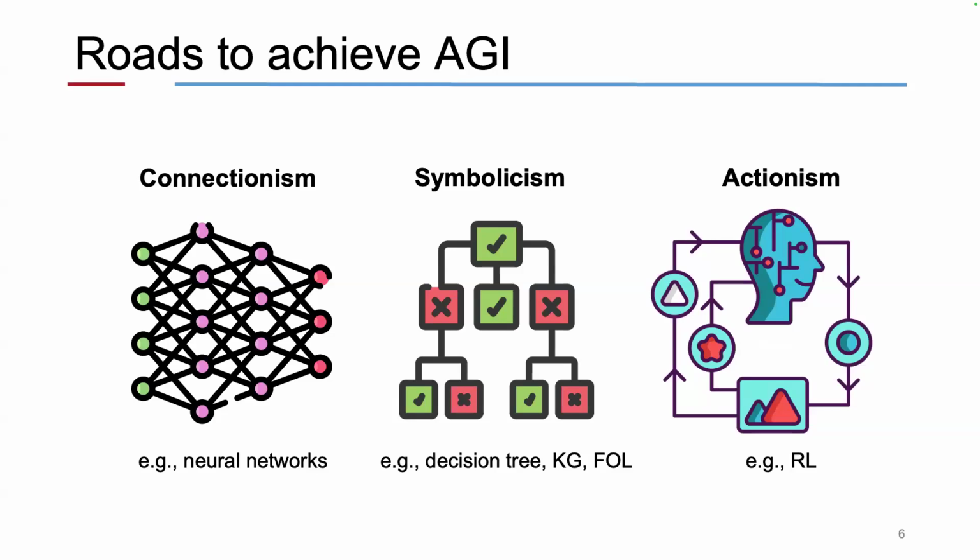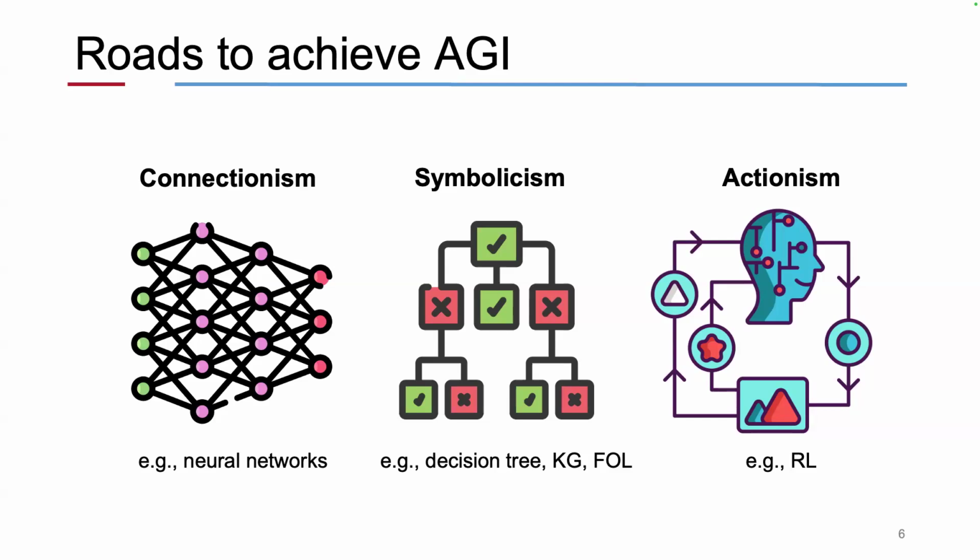Here we believe that intelligence may emerge from well-defined rules such as decision trees, or well-structured knowledge such as knowledge graphs or logic. By representing knowledge in this way, probably we will be able to build some AGI systems. For instance, in the past, we had different kinds of medical expert systems, which really depended on doctors to summarize the rules to help them make the diagnosis.